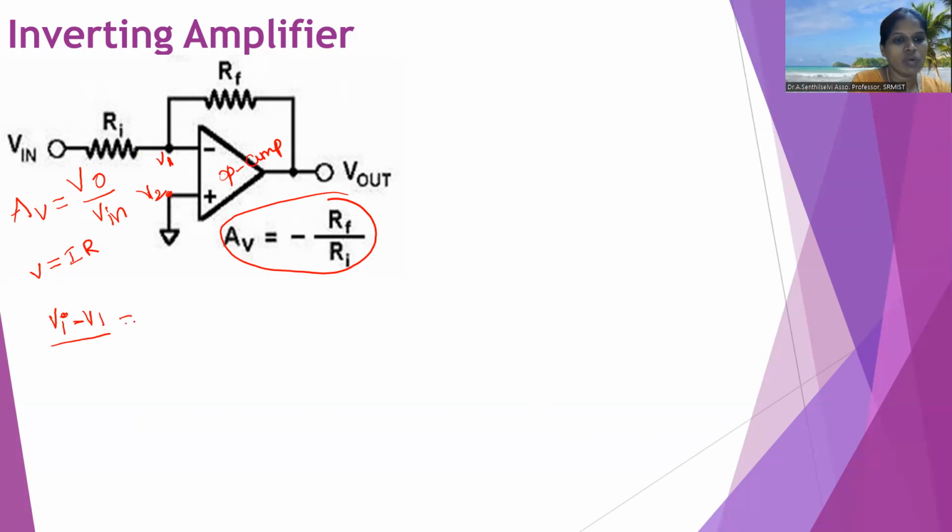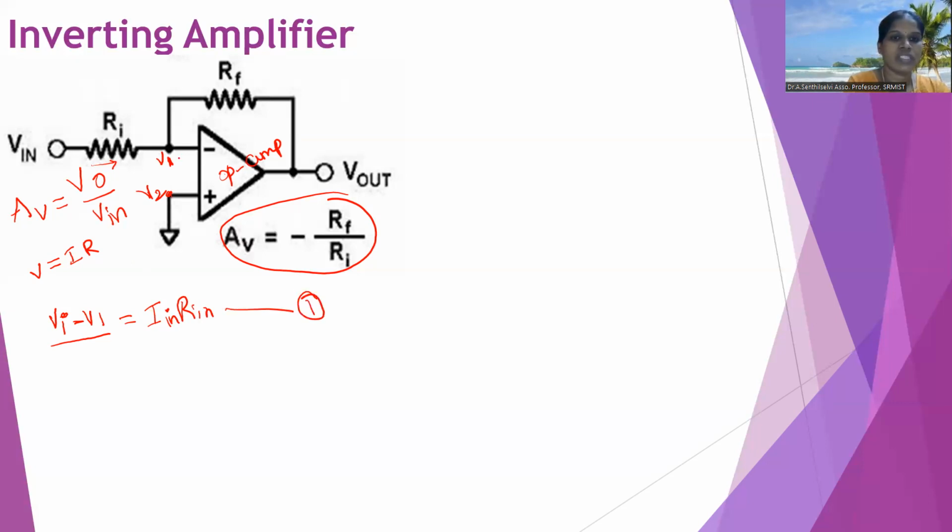The current flowing here is the input current, and the resistance is R in. We can simply write I in R in. This is equation number 1.